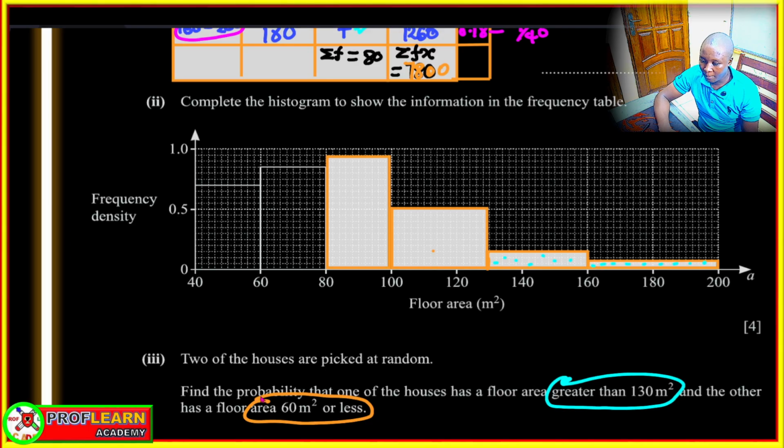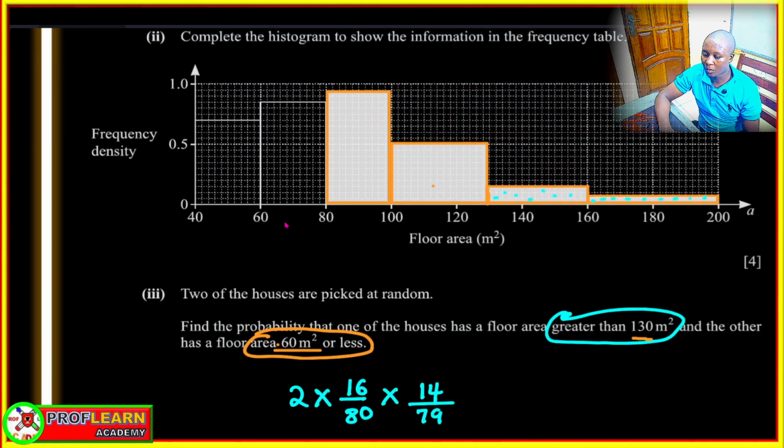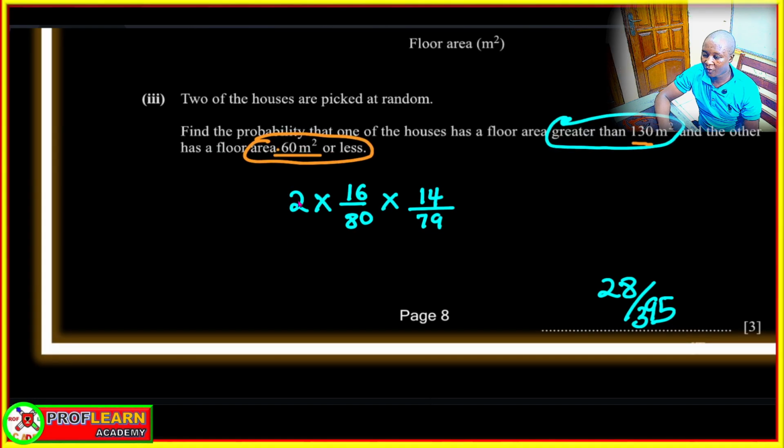Moving further, you can see: find the probability that one of the houses has a floor area greater than 130 meters squared and the other has an area of this. So meaning that we have different options. You can have the probability for greater than 130, followed by the probability for less than 60.